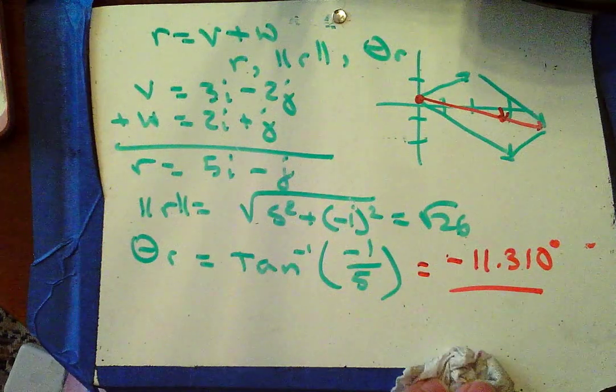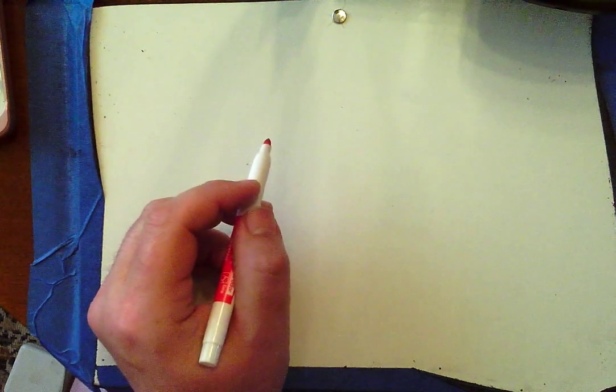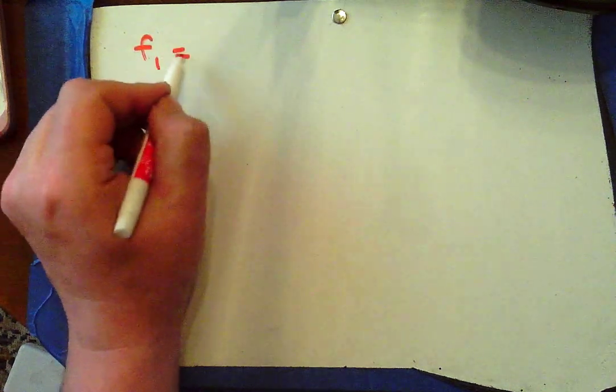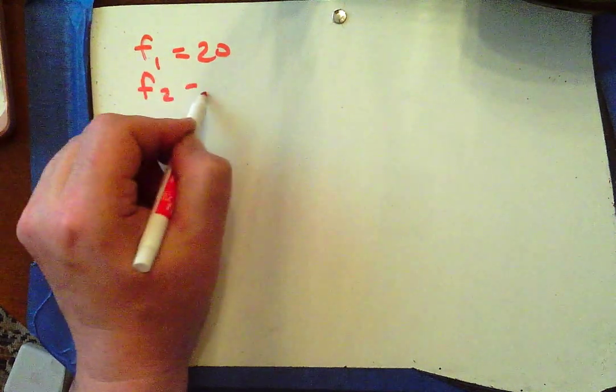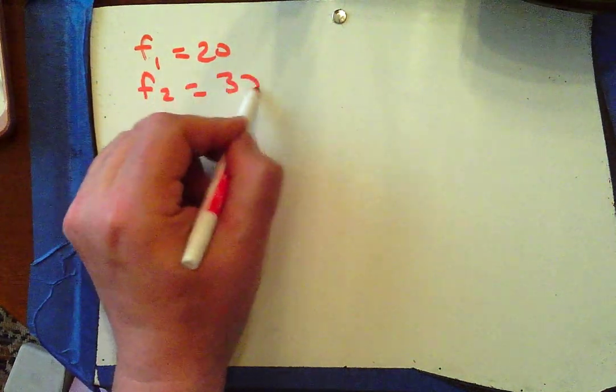Excellent. There's one last thing to talk about, and it pulls in our conversation from last week about the law of cosines. Now we're told you've got some forces acting on an object. Force 1 is 20 pounds. Force 2 is 30 pounds.